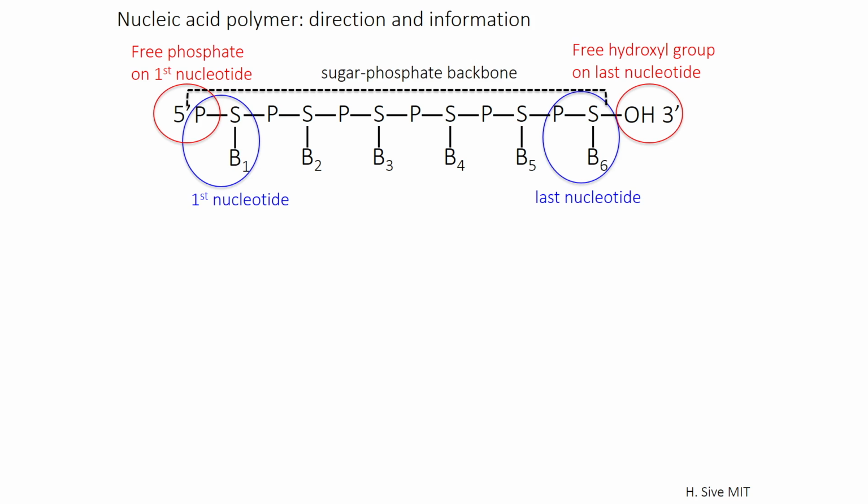If we look at a schematic of this, I've drawn you the sugar-phosphate backbone, the base order, the first nucleotide, the last nucleotide, the free phosphate group at the 5' end, and the free hydroxyl group on the last nucleotide. The direction of polymerization is from 5' to 3' because you always add onto the 3' end.